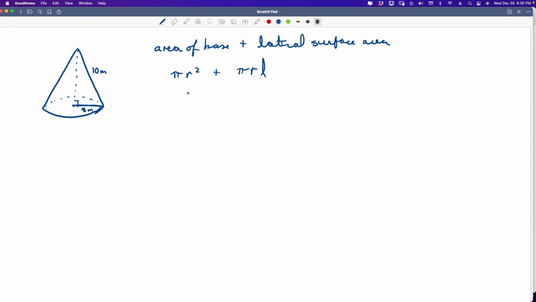So pi r squared. The radius is 8 meters. So pi times 8 meters times 8 meters plus pi times a radius of 8 meters times the slant height, which is 10 meters.